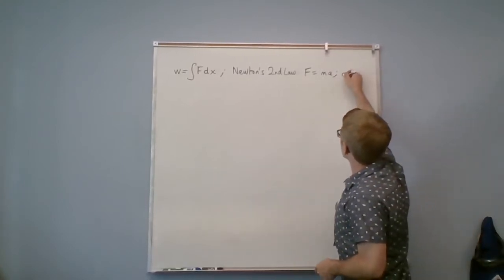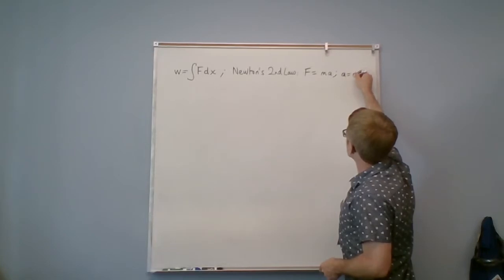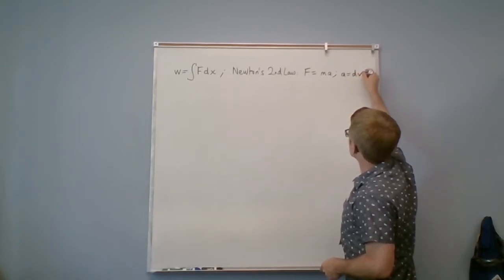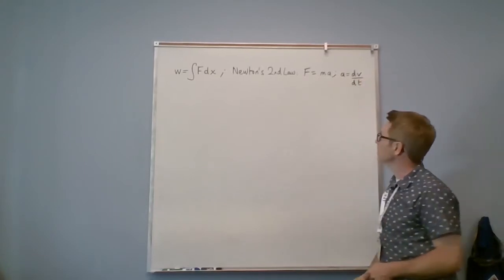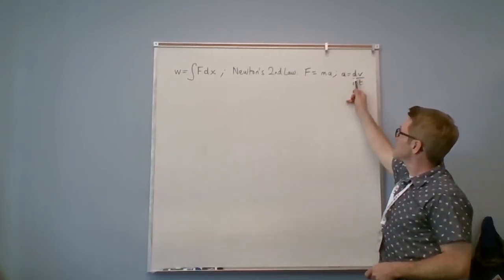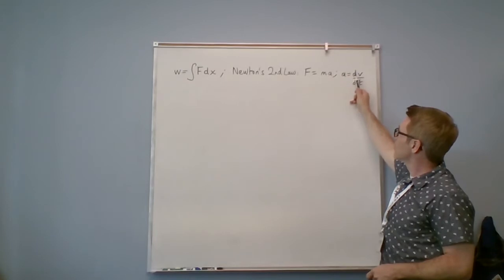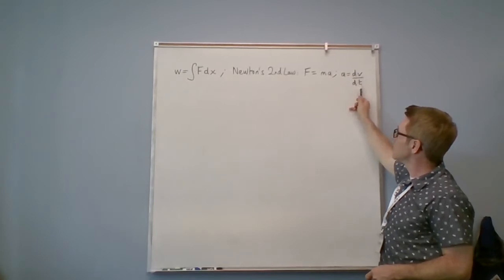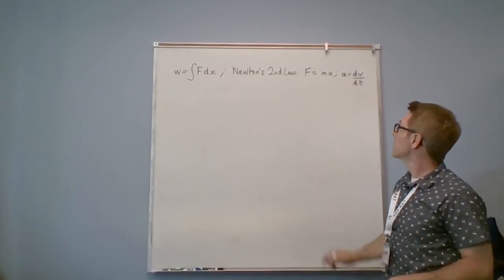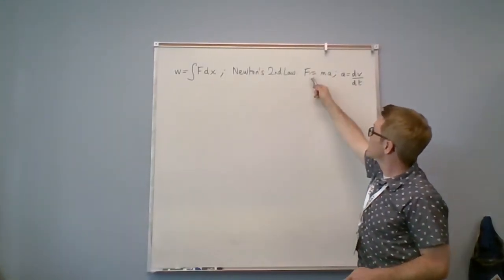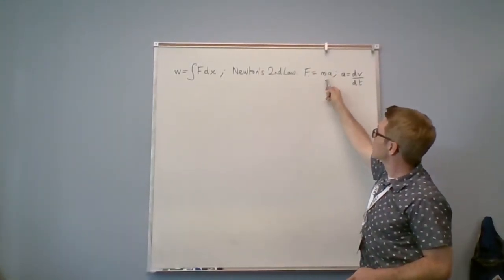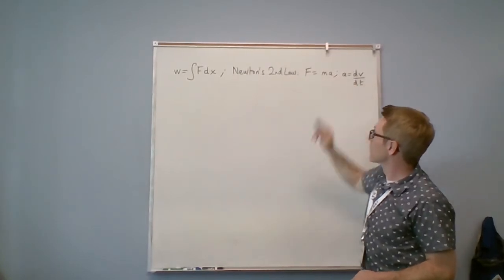And we know that acceleration is the change in velocity per the change in time. Acceleration is the rate of change of velocity, or the change in velocity per change in time. So we're going to replace this F with this F, which is equal to this M and this A.